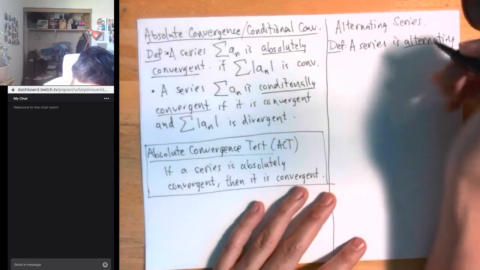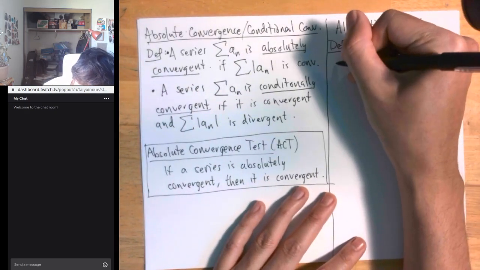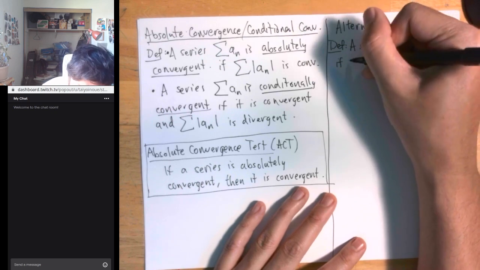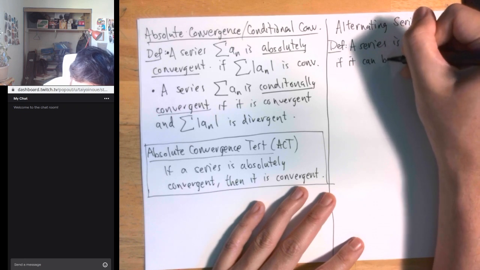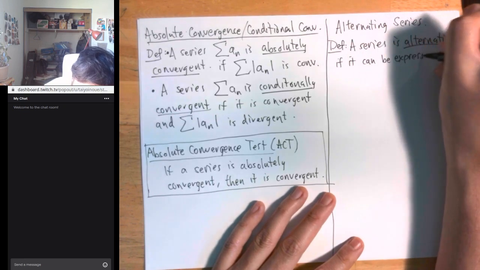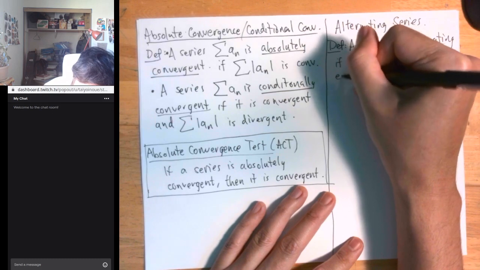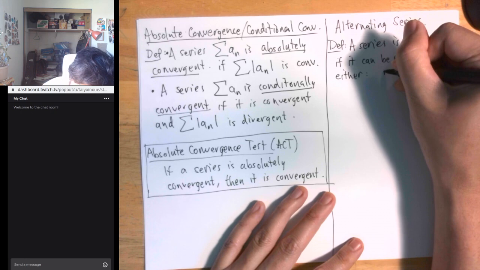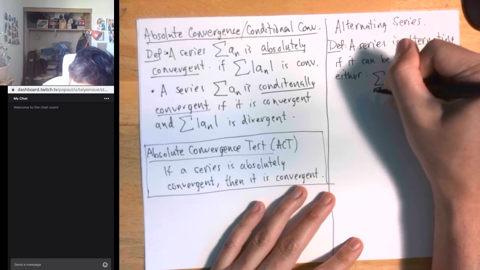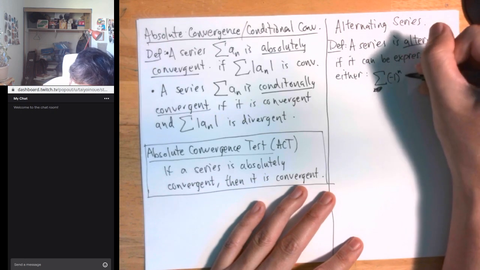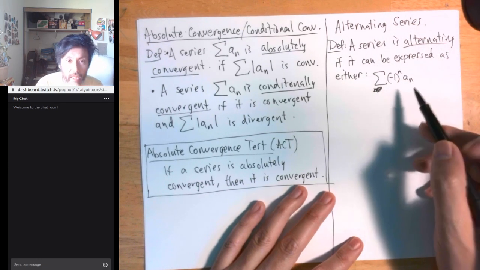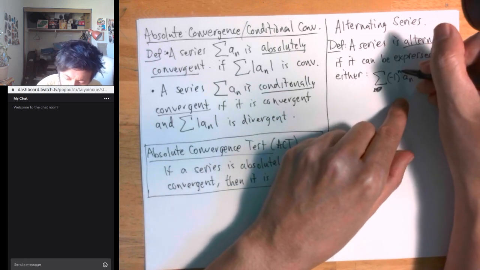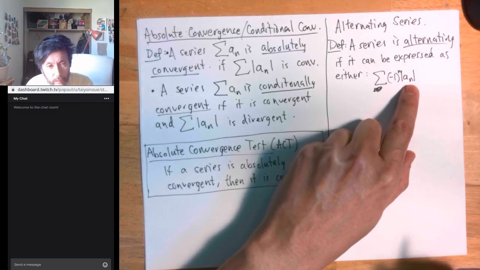A series is alternating if it can be expressed as either the sum of negative 1 to the n times a sub n, and to make clear that this a sub n here is always going to be positive, I'm going to write it as the absolute value of a sub n.